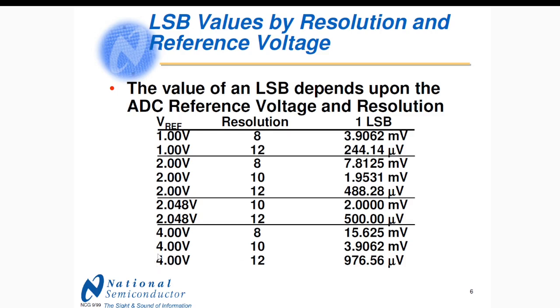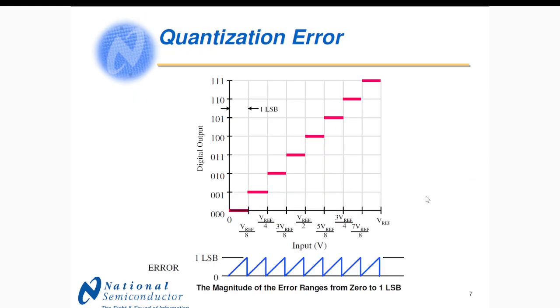For 4 volts and 10 bits, if you divide 4 by 2 to the power 10, you will get 3.9062 millivolts as your one LSB voltage step, or the resolution in your conversion. So that's what we were referring to.